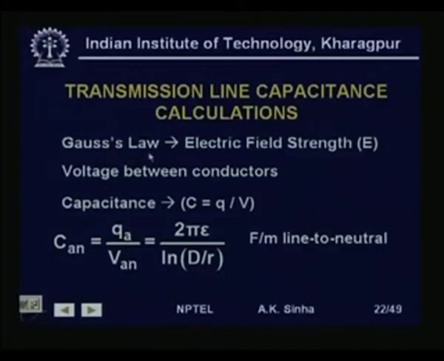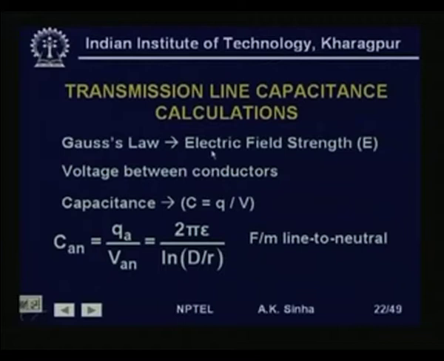Now, once we have calculated the inductance and the resistance, we have found out the series impedance of the line per unit length. Now, since we know that the conductors are at high voltage, there is a voltage between the two phase conductors and there is a voltage between the conductor and the ground, we have a capacitance involved and we can calculate that capacitance again by using Gauss's law.